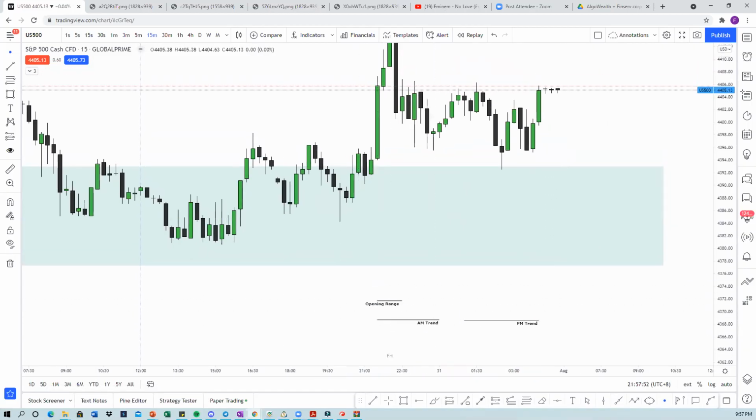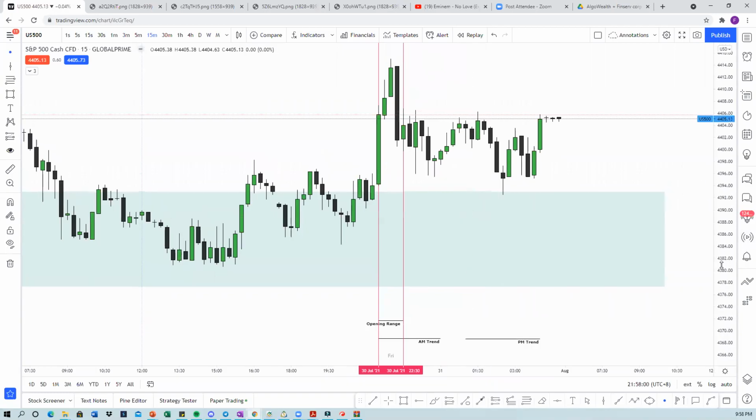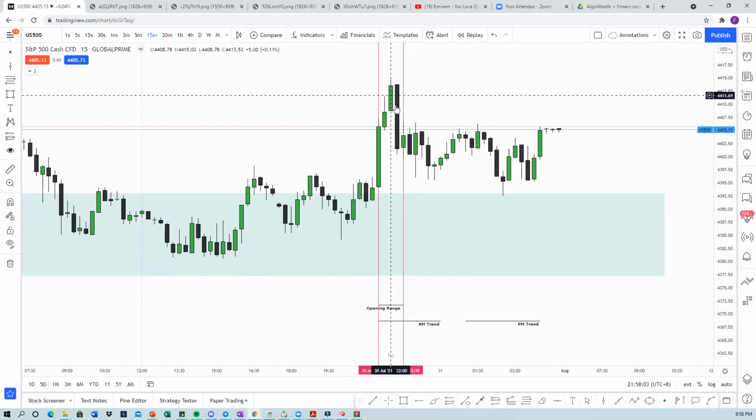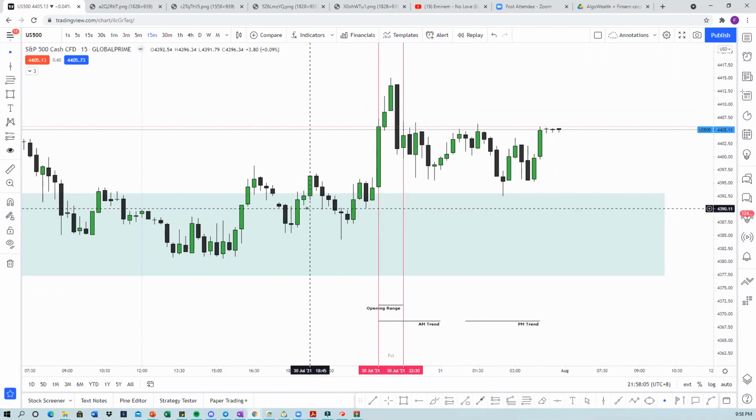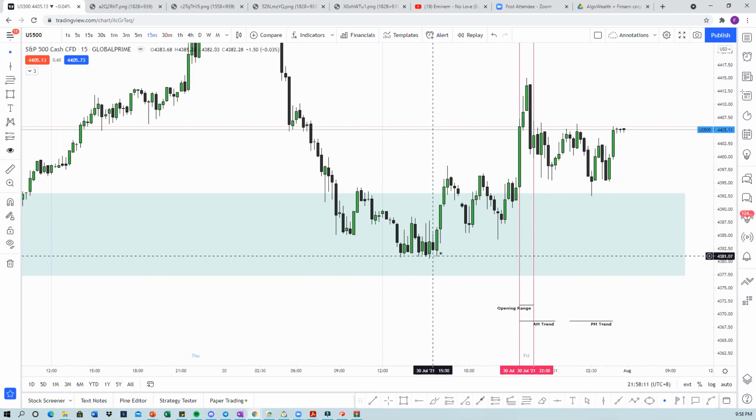Opening range is here. What did price do? Just before the opening range, actually, price came off of a 4-hour bullish order block.